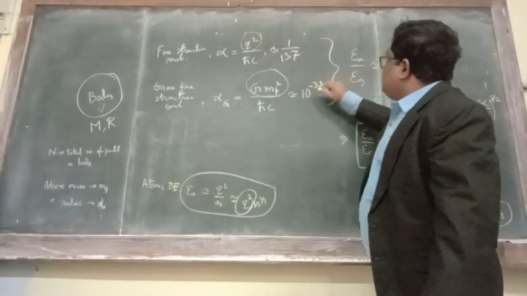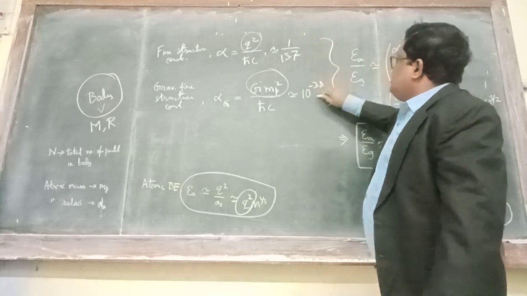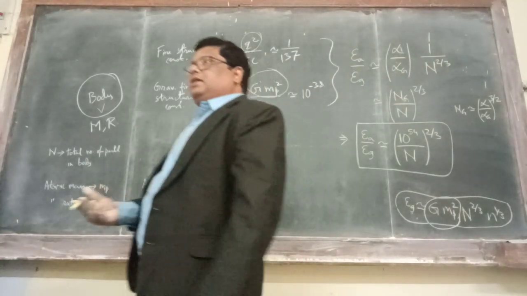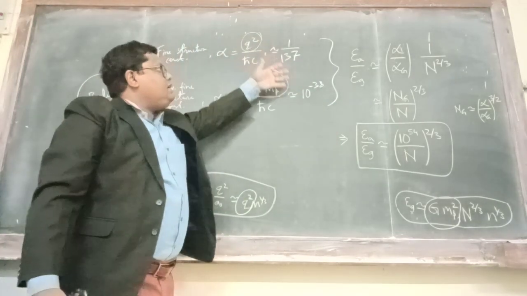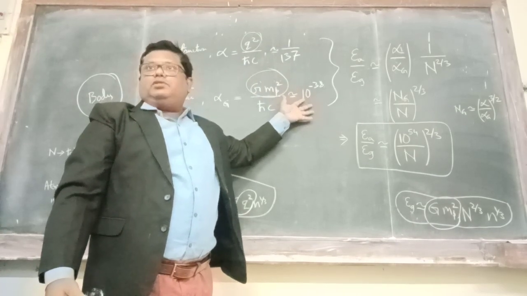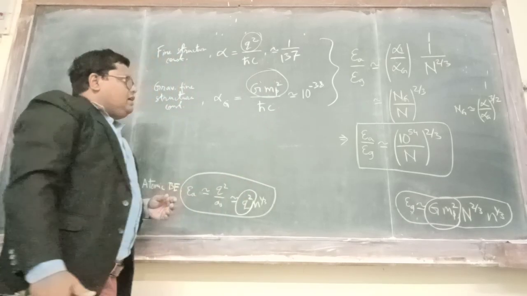Now remember these values as well: 1 by 137, and 10 to the power minus 38. If you compare these two structure constants, you can immediately understand how weak our poor child is compared to this. Okay, but let's see how it goes.